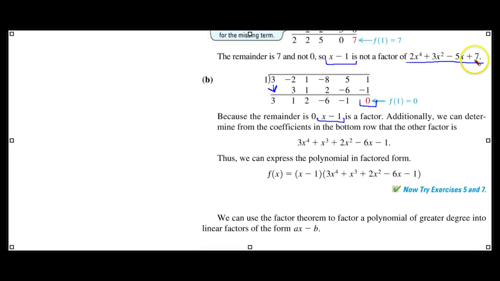So if we end up with this answer, and if we were to convert this from x to the 4th, this is now 1 degree less, x to the 3rd, plus x squared plus x minus 6. Let's see, am I getting enough places here?